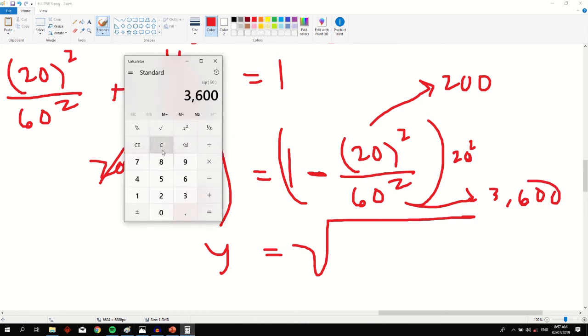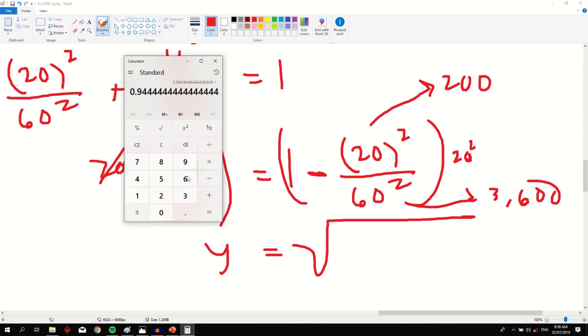So if we divide 400 by 3600, it equals to 0.0005. Then 1 minus, wait, there's no answer. We will copy that one. Then 1 minus that answer is equals to 0.9444.